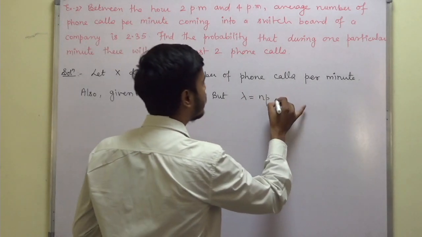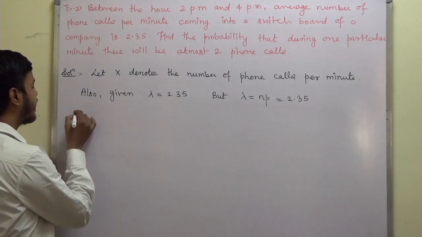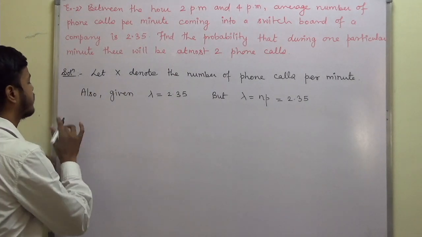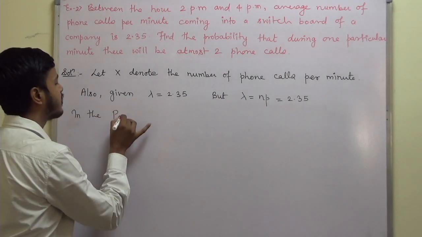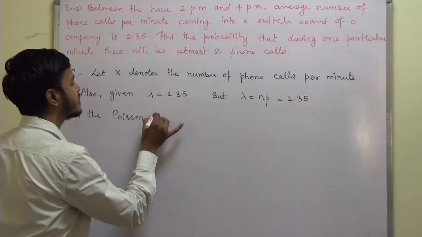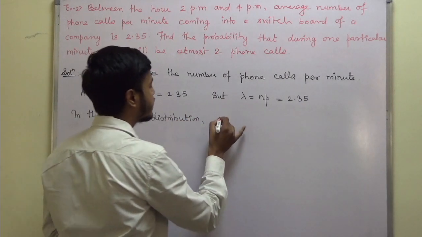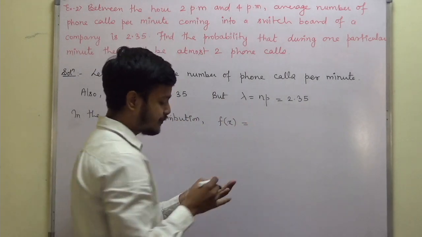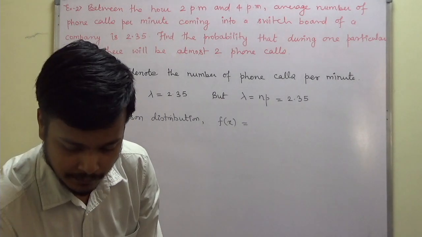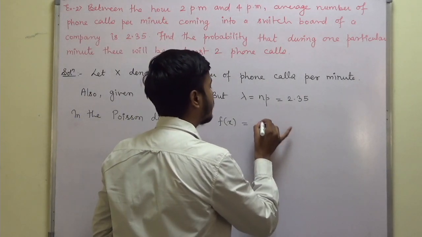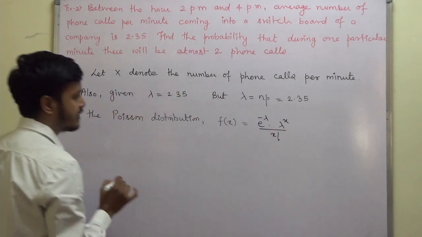So lambda is equal to np is equal to 2.35. Simple. What we have to find out is, in the Poisson distribution, what is my f of x? f of x is equal to e to the power minus lambda into lambda to the power x upon factorial x.